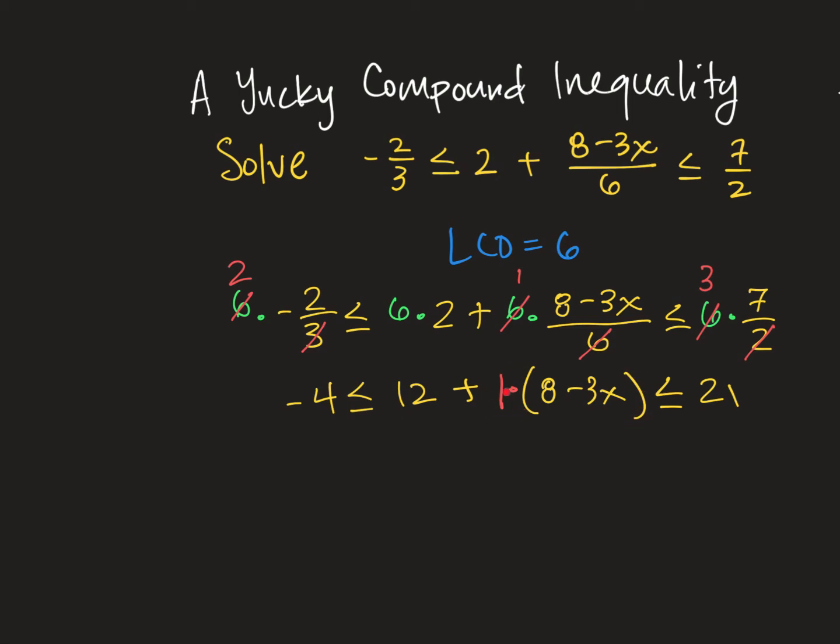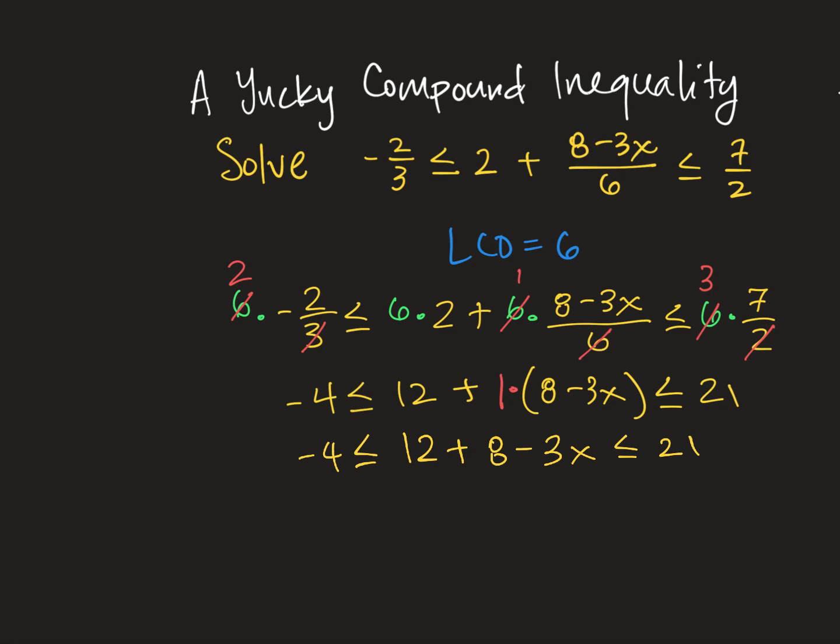So there's a 1 here times this leftover numerator, 8 minus 3x, but anything times 1 is itself. So here we go. Negative 4 less than or equal to 12 plus 8 minus 3x less than or equal to 21.